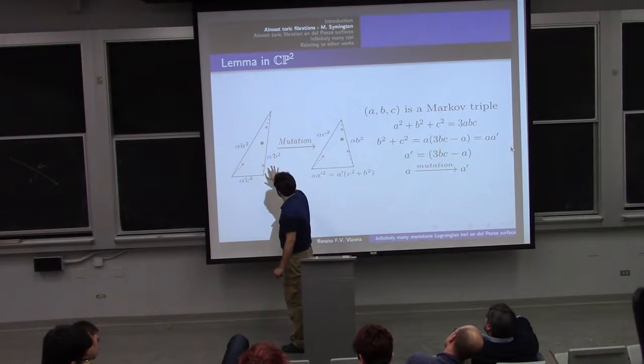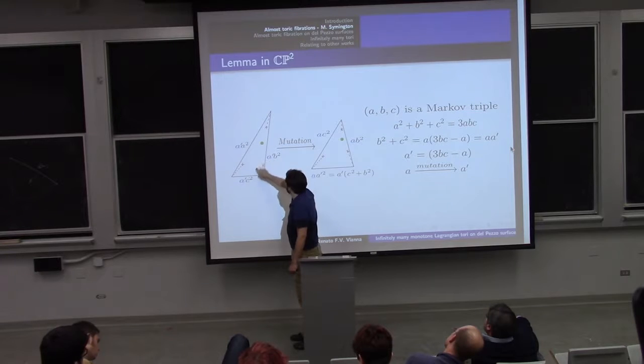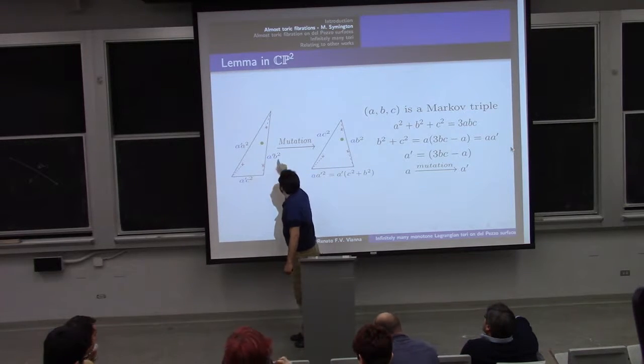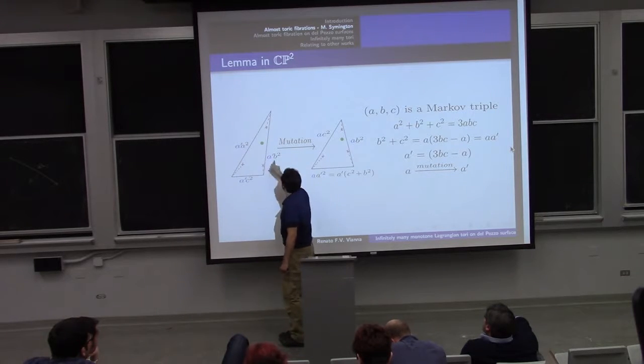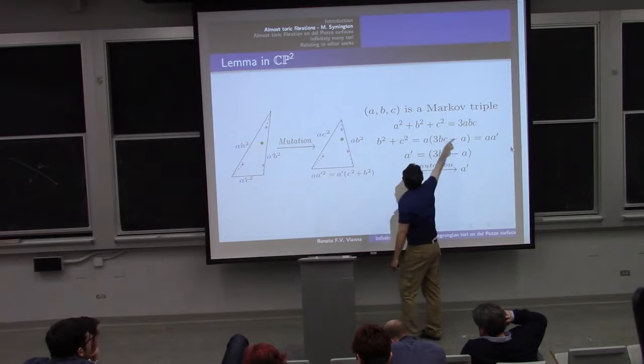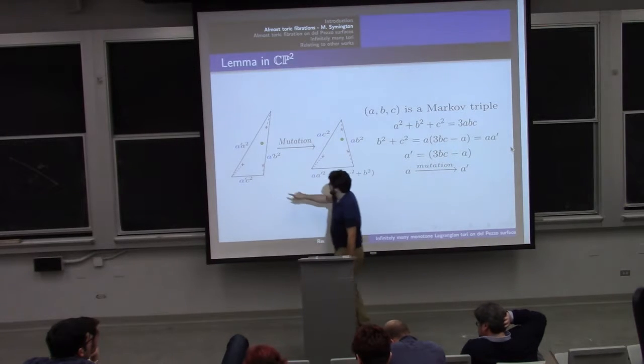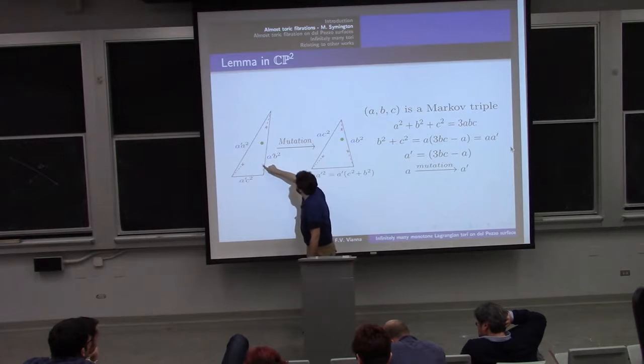so let me phrase it better. If I have an almost toric diagram such that proportionally the affine length of these edges here satisfies a Markov triple equation, and then I do a mutation with respect to one of the nodes.